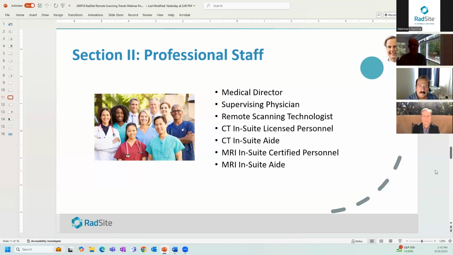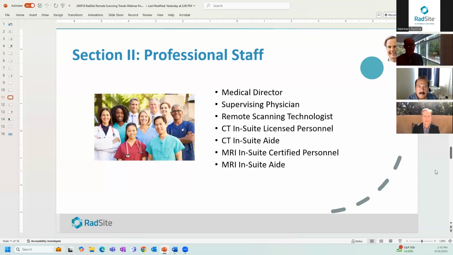And you can see our standards and see how we kind of back into that. Not every state has licensing for MRI, for example. That's why we call it certified. They're the ones who, in conjunction with the remote scanning technologists, can help operate the machine. The in-suite aide, whether CT or MRI, cannot operate the machine, and really is there, and that's not kind of an optional position.